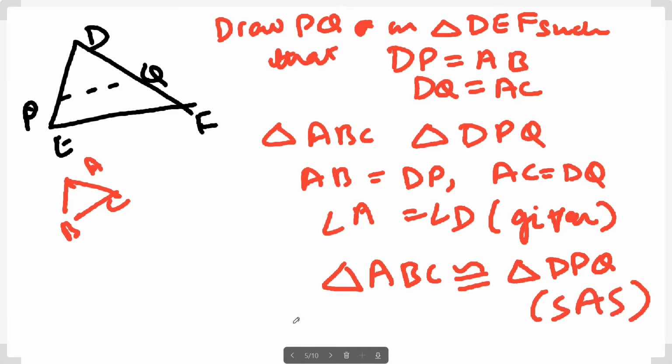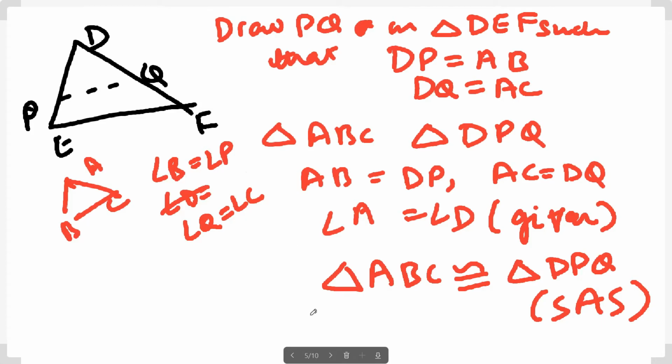That's what we learned. So now we know that these two are congruent. That means angle B is equal to angle P, and angle C is equal to angle Q. So what does that imply?